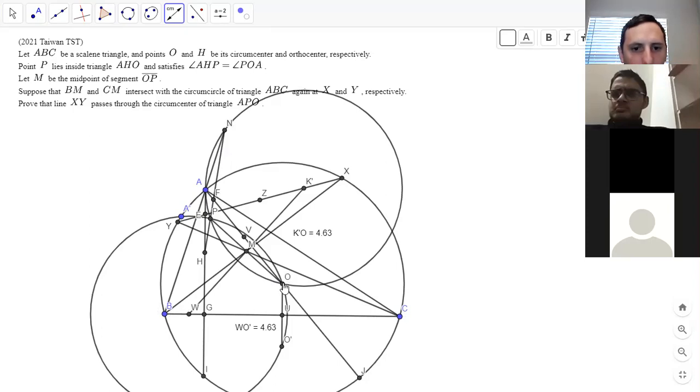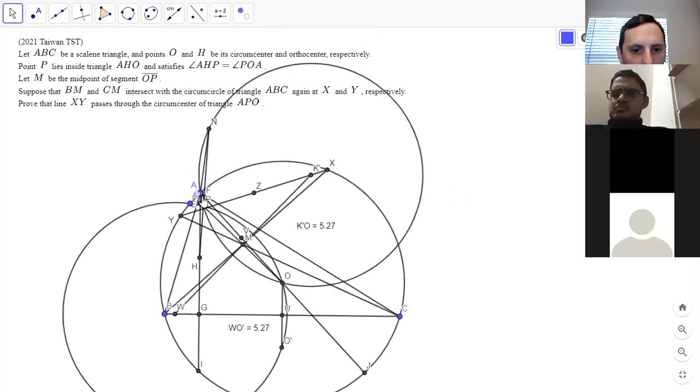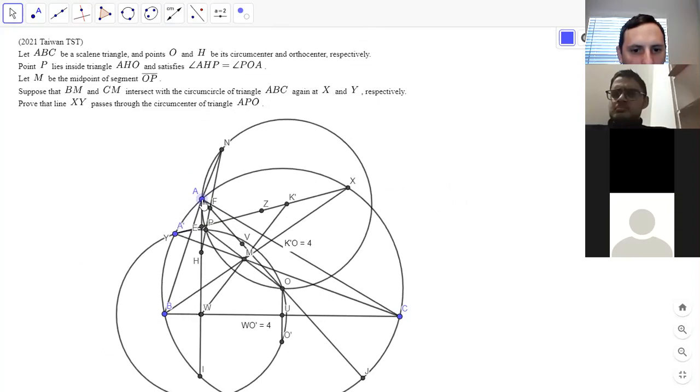So that's kind of interesting because, yeah, those circles are the same size. That's really surprising to me. Yeah, that's true.